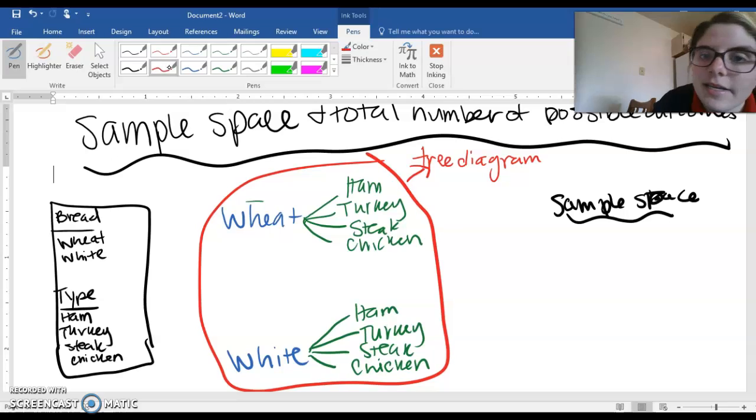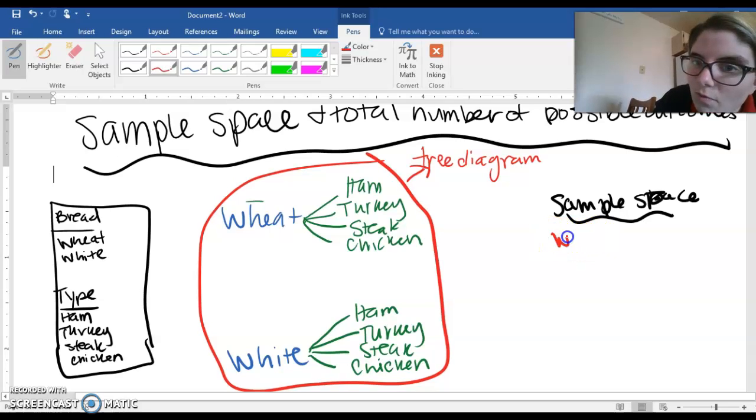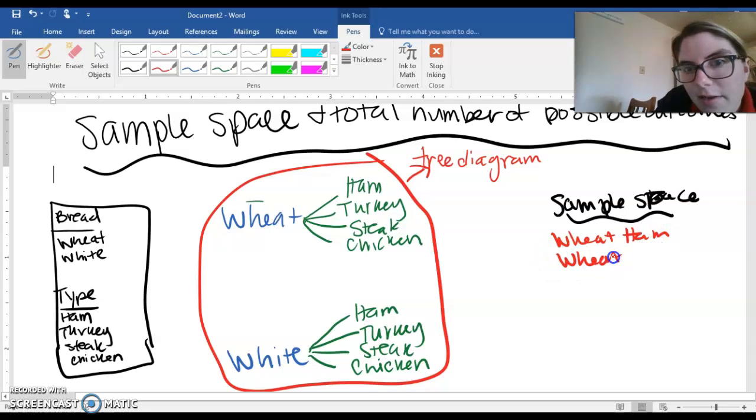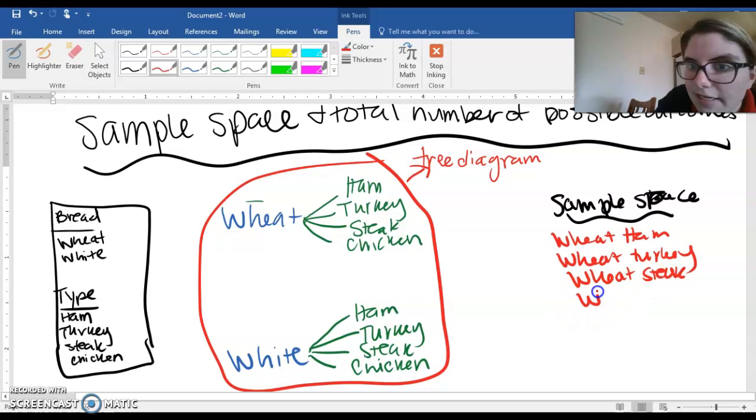So our sample space: I can have wheat with ham, wheat with turkey, wheat with steak, wheat with chicken.